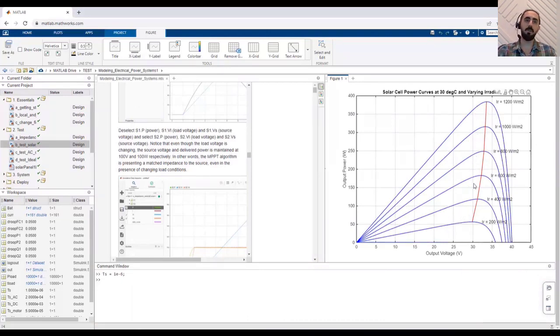The power curves of the solar cell regarding the irradiance are shown in blue. The red curve is the maximum power point track that our system is not aware of. It doesn't have any knowledge of the blue waveforms, but because it's tracking the maximum power point by perturb and observe, it's tracking the maximum power.